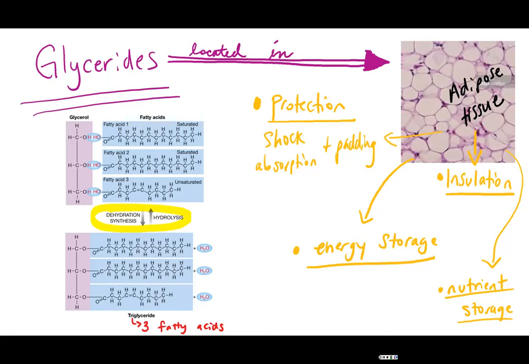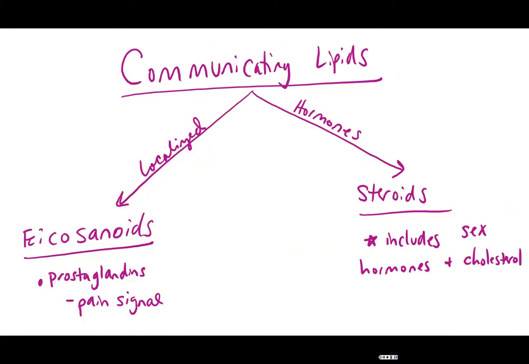If you're eating triglycerides, then your cells will be breaking that down into fatty acids and a glycerol, and of course that is called hydrolysis. So if you're eating triglycerides, you're going to hydrolyze it into your fatty acids and your glycerol. If you have extra fatty acids, you're going to make glyceride or make triglyceride through a dehydration synthesis reaction.